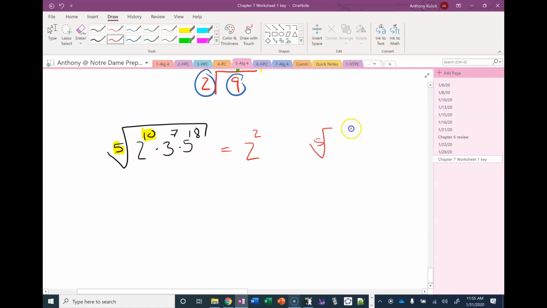And then underneath my radical, I'm going to have a 2 to the 0. What's 10 divided by 2? 2. So that's why it's 2 to the 2nd. The first 2 is because it's a 2. Now you're okay? All right.